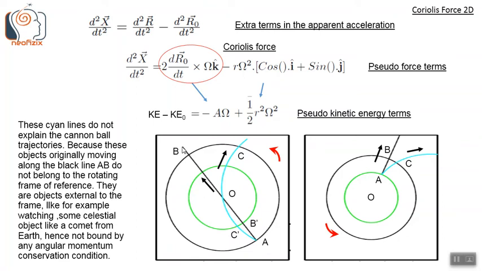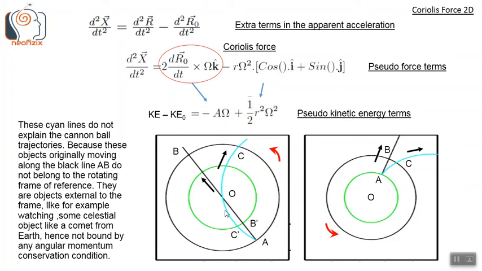The object also reaches here, and the point C also comes over here, because C is moving in the direction of rotation, so it comes over to point B.